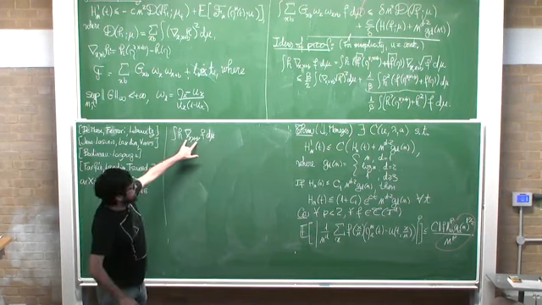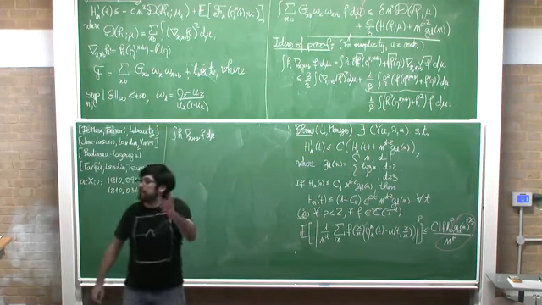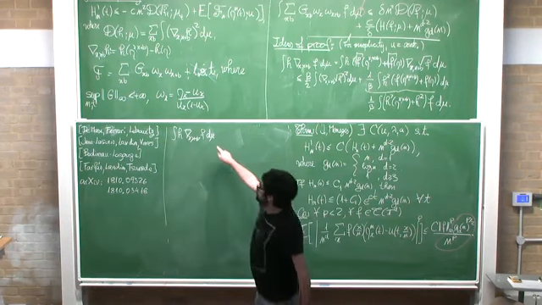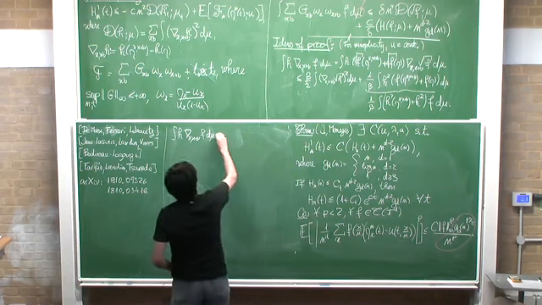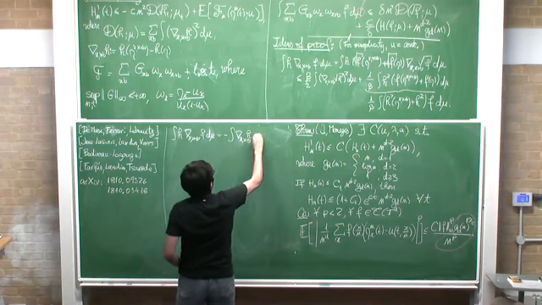You can pass this gradient to the function h, because this operator is actually antisymmetric with respect to the measure mu. So this is actually equal to minus (S_x plus b) h times f dμ.